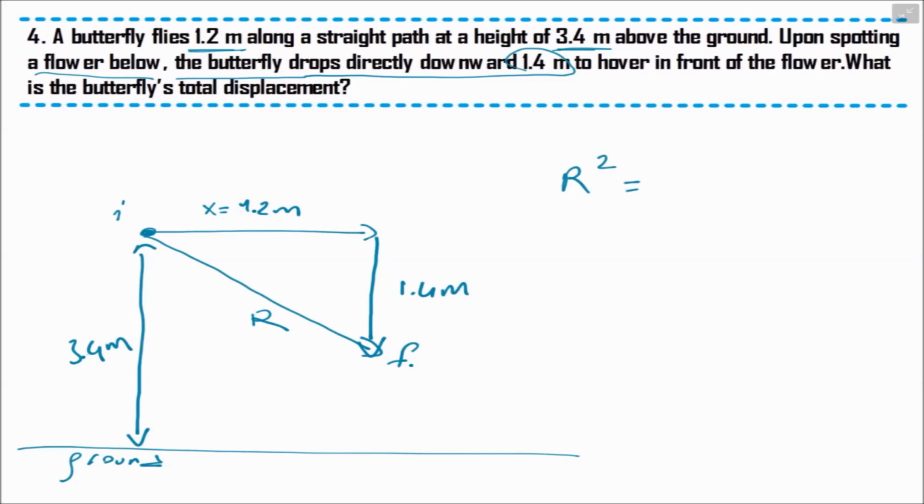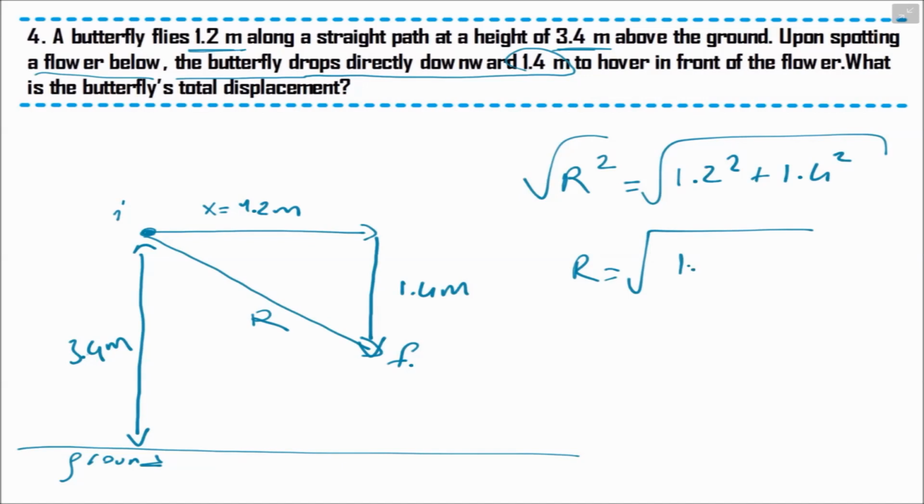R squared equals 1.2 squared plus 1.4 squared. If we take the root of both sides, r is going to be equal to the square root of 1.44 plus 1.96. So that will be equal to 3.4. Then r is going to be 1.8 meters. Thanks for listening.